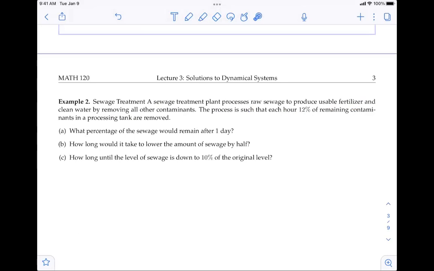are removed. Okay, so let's just summarize what we got in the given example so far, without looking at the question just yet.